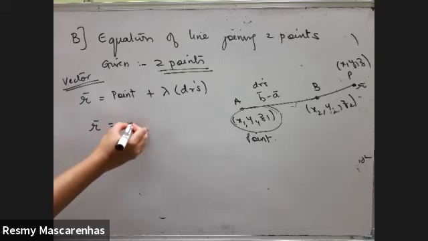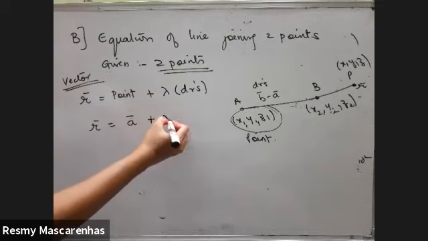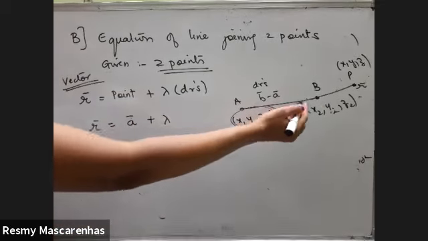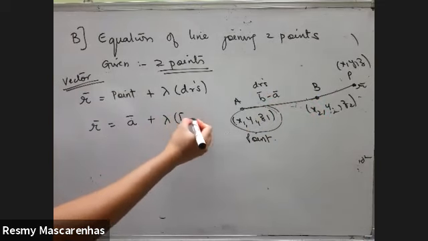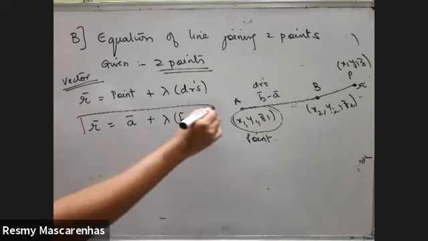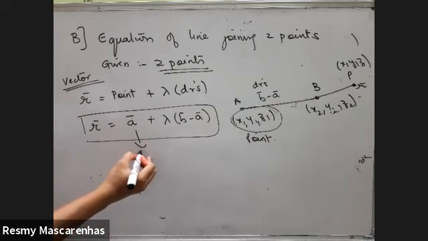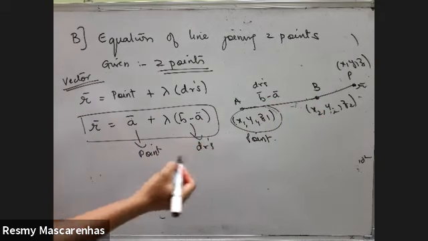So vector means we'll have to write it as A bar plus lambda times. Now it is what? Direction ratios are nothing but B bar minus A bar. This is the point. This is the direction ratio.